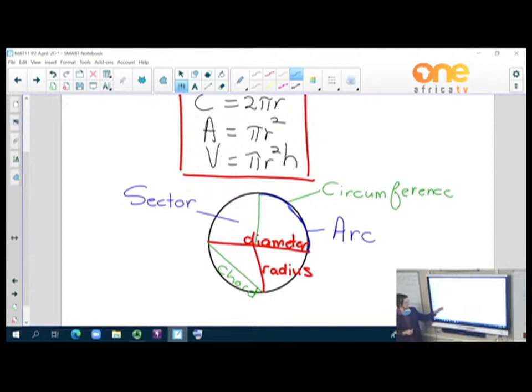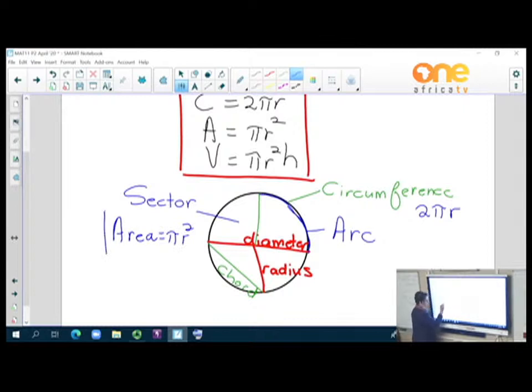And we are going to learn now how to calculate arc length and sector area. That's the purpose of our lesson today. Now, we know that circumference is 2 pi r. And you know that area is pi r squared.